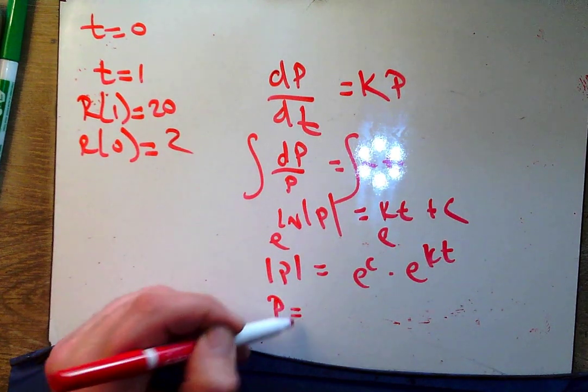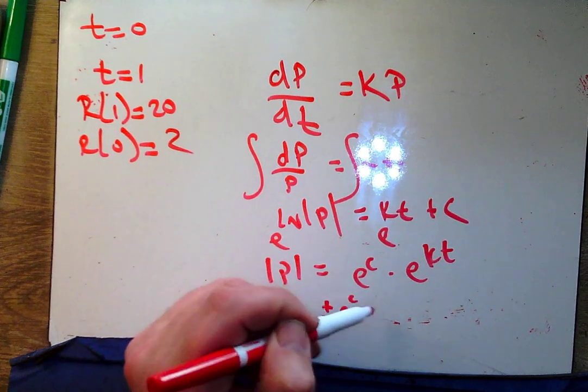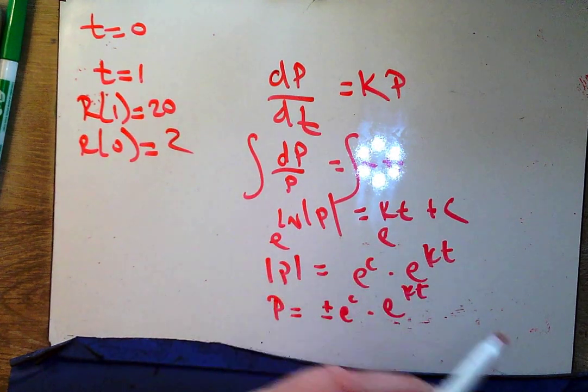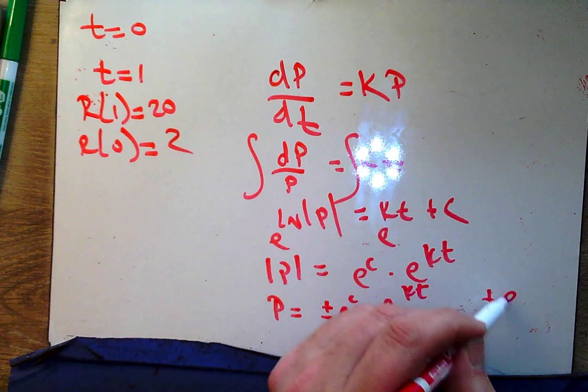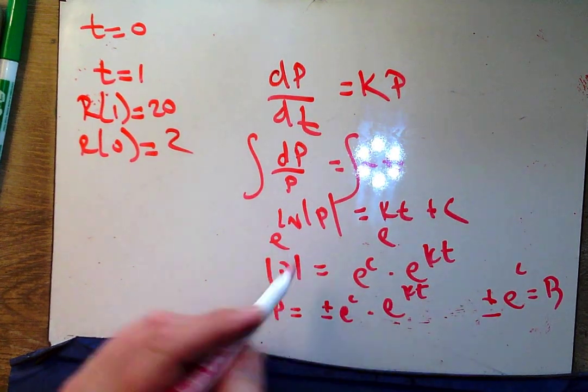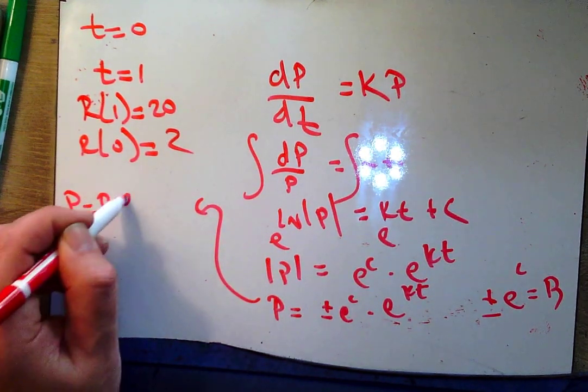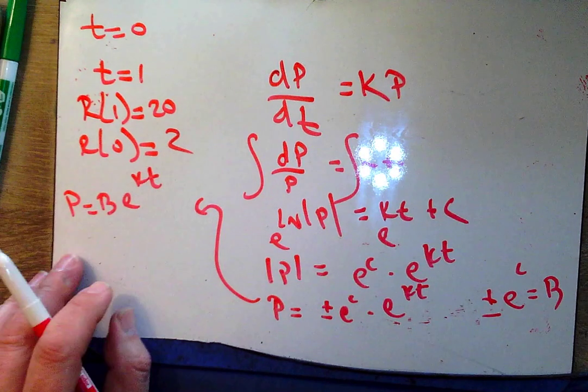P equals plus or minus e to the C times e to the KT. If we say that plus or minus e to the C is B, then I can come back over here and say that P equals B e to the KT.